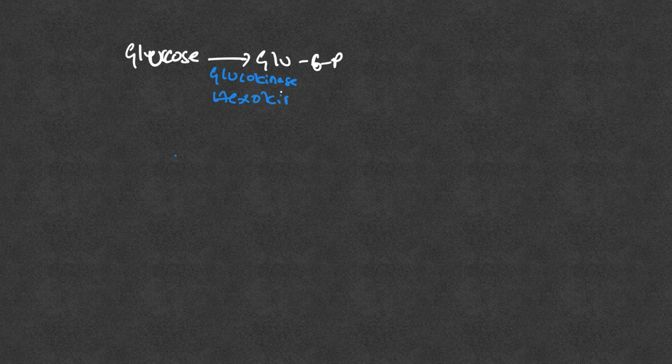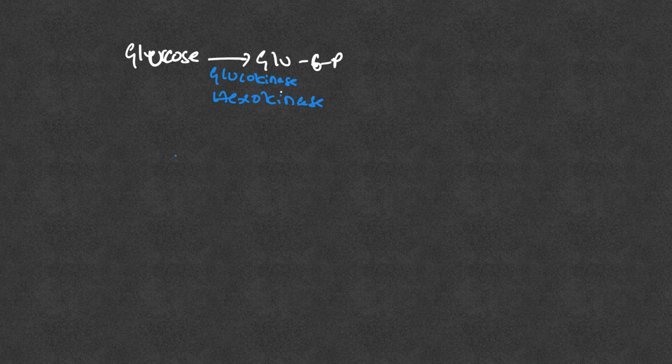Note that it is a single reaction, glucose is converted into glucose 6 phosphate, but it will be done by two enzymes, and these are individual enzymes that conduct individual reactions. We'll have to look into why one reaction needs two enzymes, hexokinase and glucokinase, when it could have been done by a single enzyme.